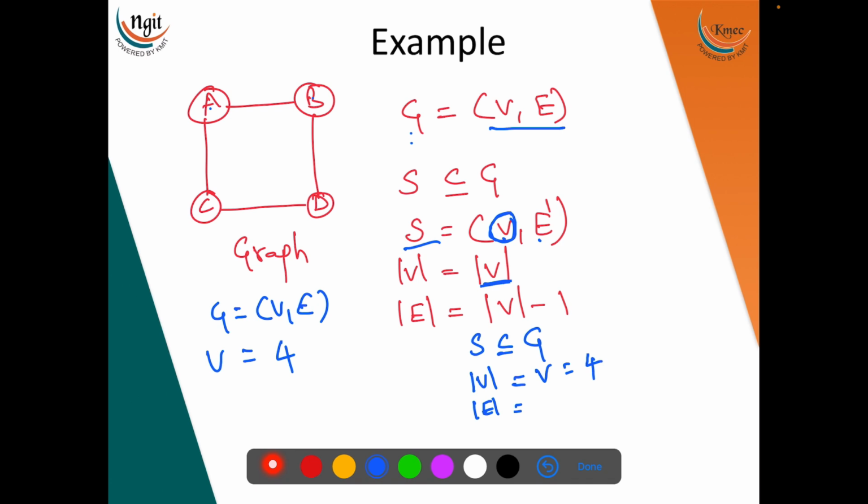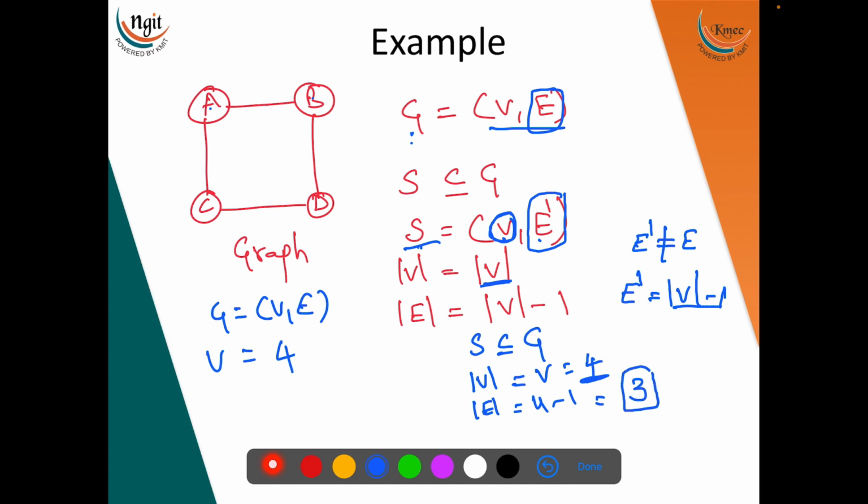So G equals (V, E), where E is the number of edges. S is a spanning tree which is a subgraph of G. Now the number of edges is E', and E' is not equal to E. E' is the number of vertices minus 1. How many vertices do you have? 4 vertices in the spanning tree. So V minus 1, that is 4 minus 1 equals 3.